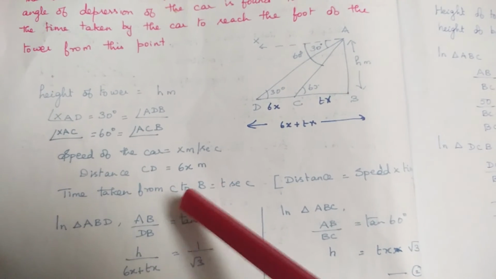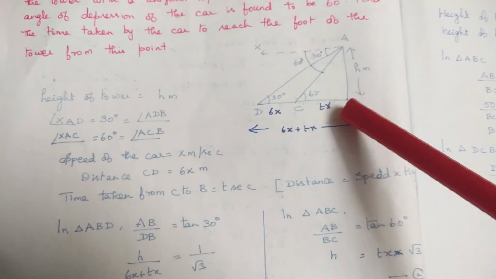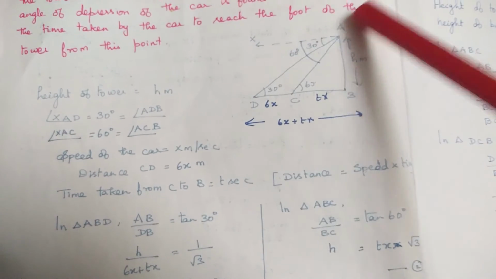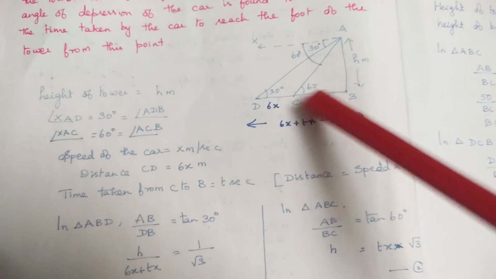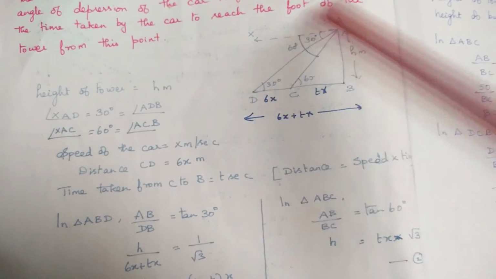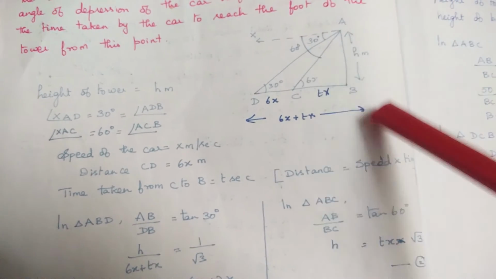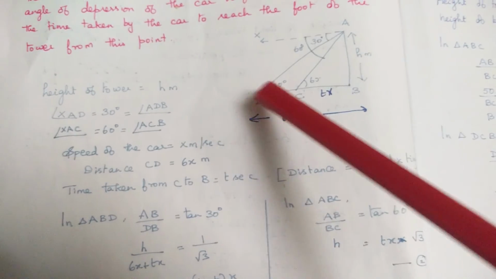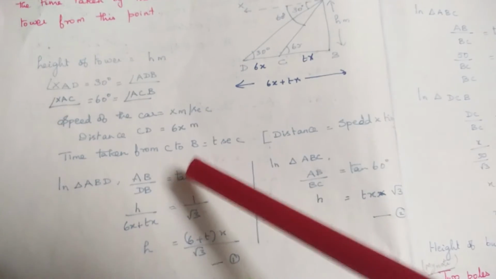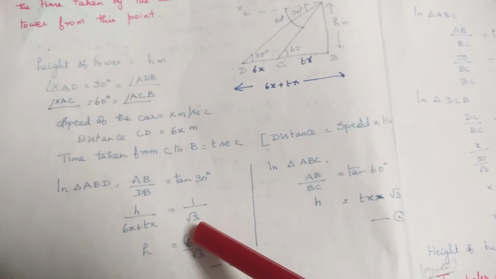Time taken from C to B you don't know, that's why it is taken as t second. Then you take triangles ABC and ABD. In ABD, AB by DB is tan theta, opposite by adjacent. So you write h by 6x plus tx equal to 1 by root 3.